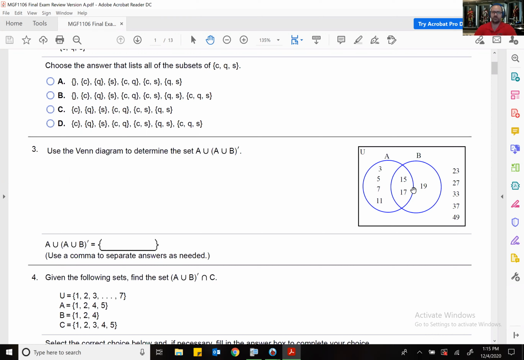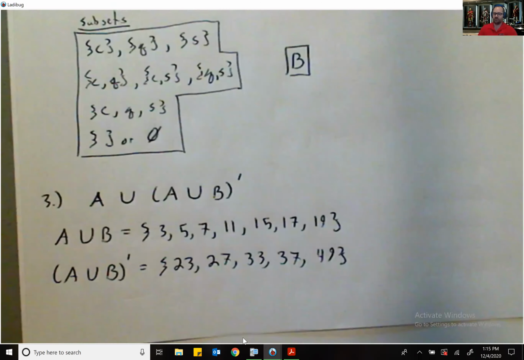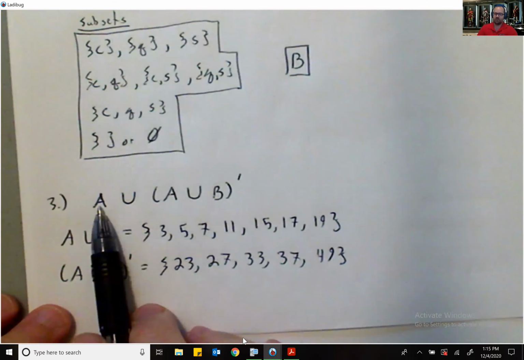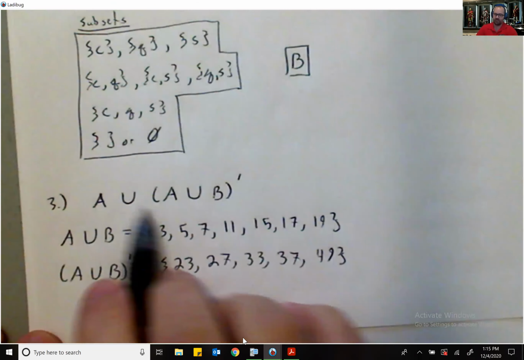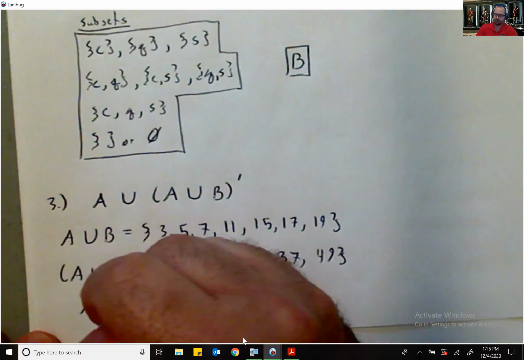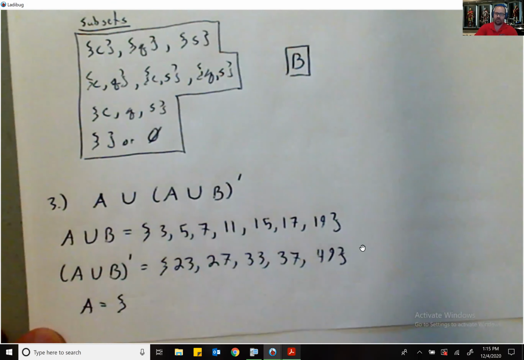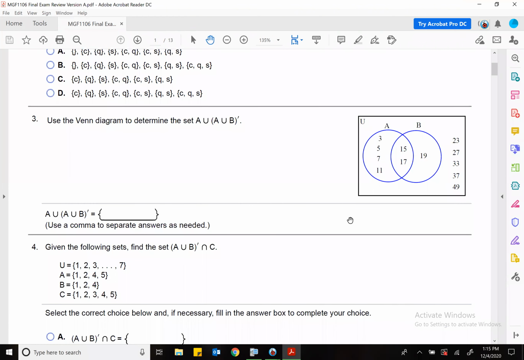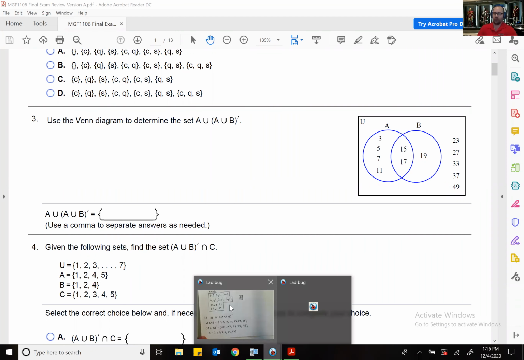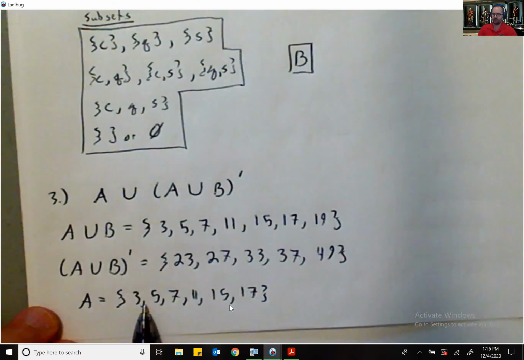Last but not least, we are ready to do A union the complement. But before we do the actual union, let's figure out what is in just the circle A. 3, 5, 7, 11, 15, 17. You got it. So we want to take the union of these two sets.